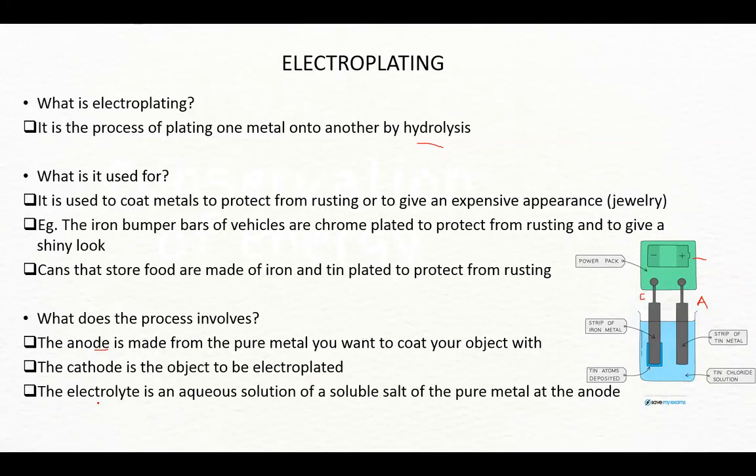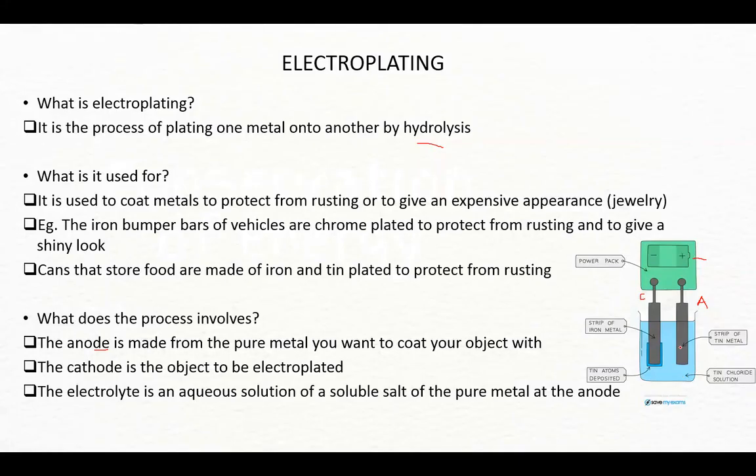And the electrolyte, which is the aqueous solution, is a soluble salt of the pure metal at the anode. So you're seeing at the anode, we have a strip of tin metal, and the electrolyte, the liquid, is tin chloride solution. So we have tin in the solution.